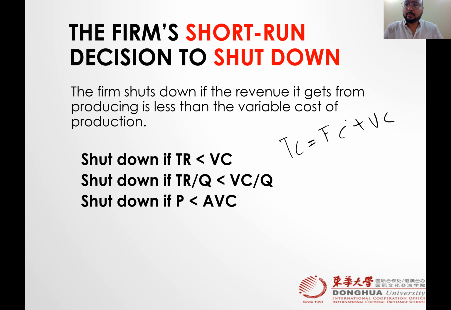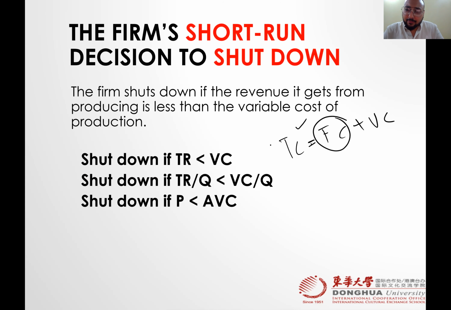In shutdown, we still have to pay fixed cost, we still have to pay the salaries of the head office, we still have to pay the rent of the factory, right? Because we are shutting down for a small number of days, temporarily. We still have to pay rent, the CEO salaries, the supervisor salaries. We can avoid wages, because the workers are on daily wages, but we cannot avoid the supervisor salary, the accountants, the CEOs, just like that.